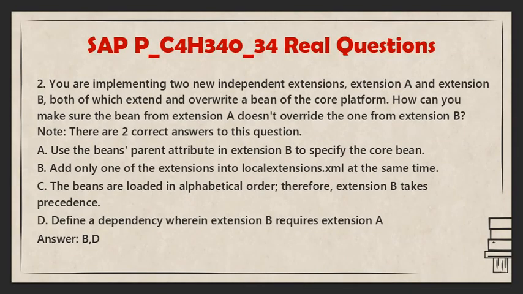B. Add only one of the extensions into local extensions.xml at the same time. C. The beans are loaded in alphabetical order, therefore, Extension B takes precedence. D. Define a dependency wherein Extension B requires Extension A. Answer: B, D.